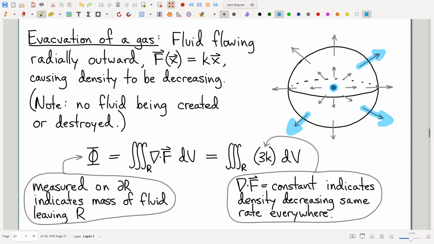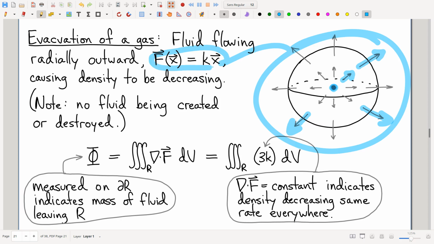So the actual flow is not a constant speed outward. It's flowing less quickly the closer you are to the center, and more quickly the further you are out. And so I claim that the formula for this flow is something like this. It's some multiple, who knows, times the position vector x. So outward, and the further you are out, the faster it's going.